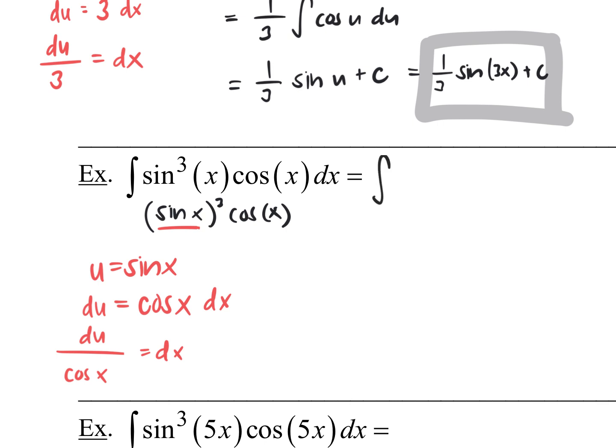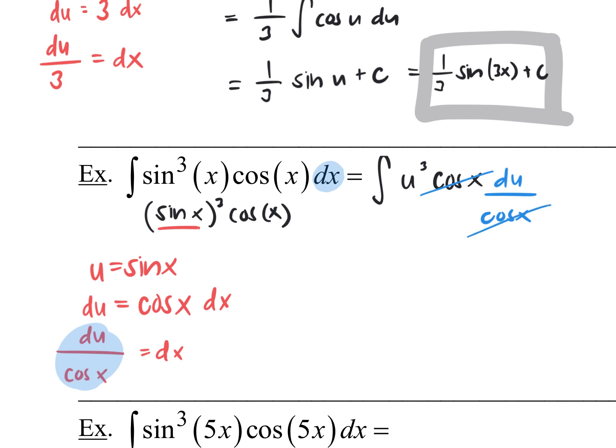My integral is now u to the third power times cosine of x times my dx piece, and dx is equal to du over cosine of x, which is going to nicely cancel out my cosines.